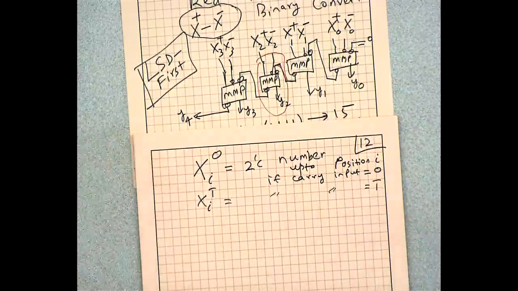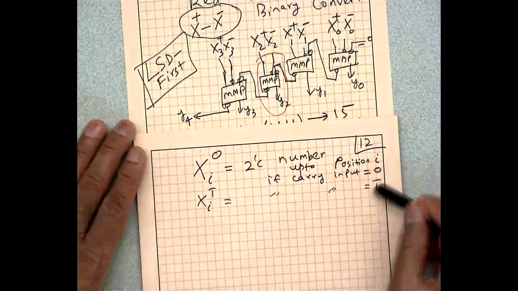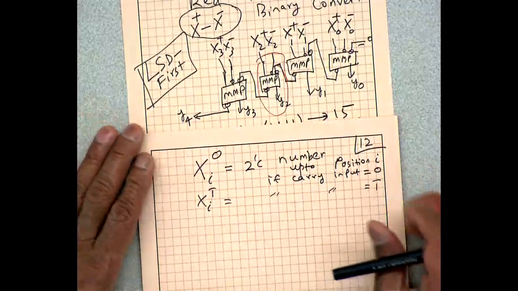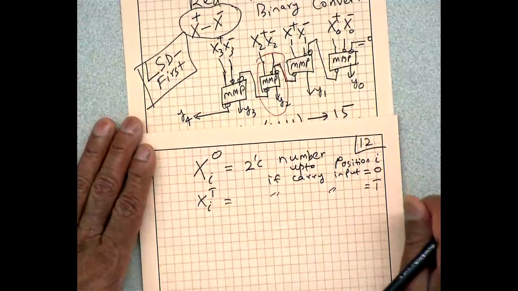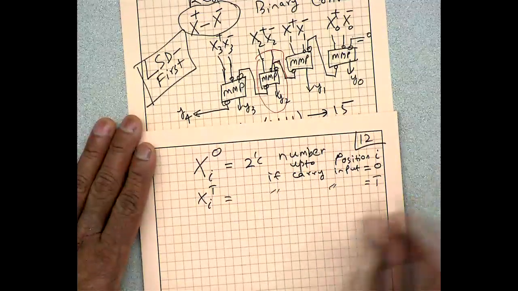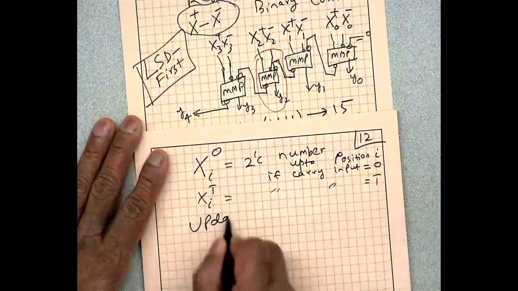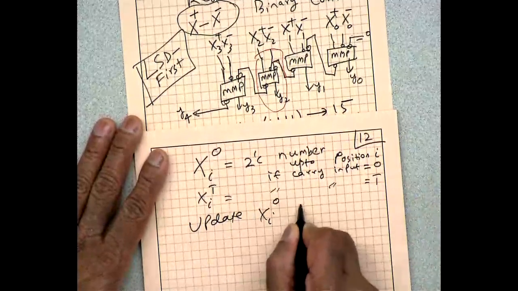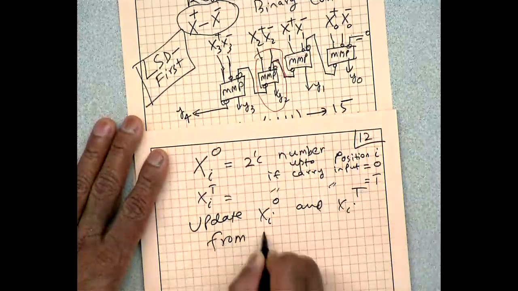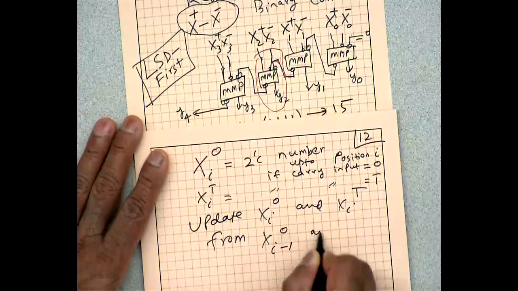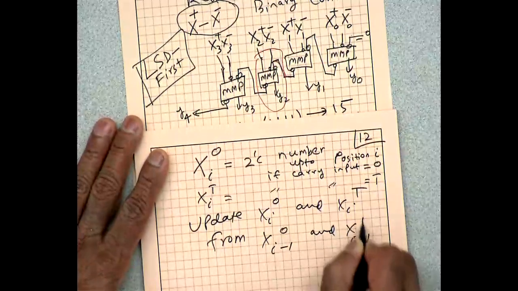So we don't know the carry input, but it's either 0 or 1 bar. At every position, I am maintaining two variables that I'm updating in parallel. So then update xi 0 and xi 1 bar from xi minus 1, 0 and xi minus 1, 1 bar.